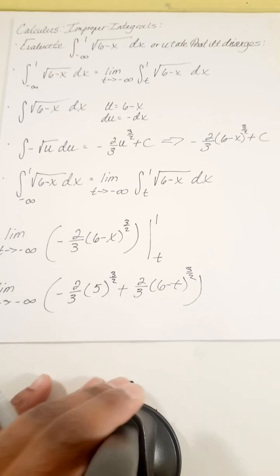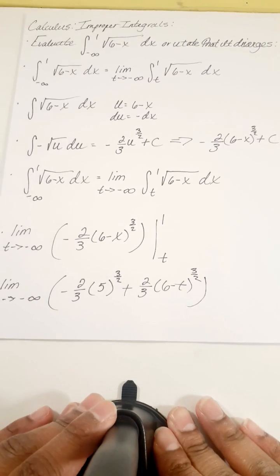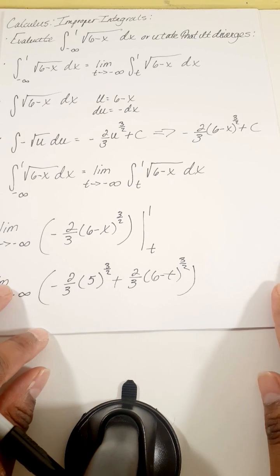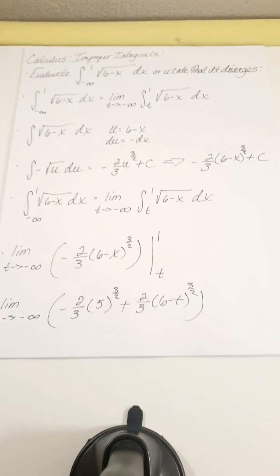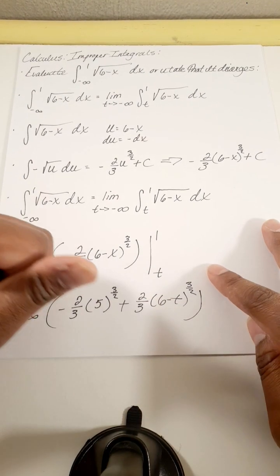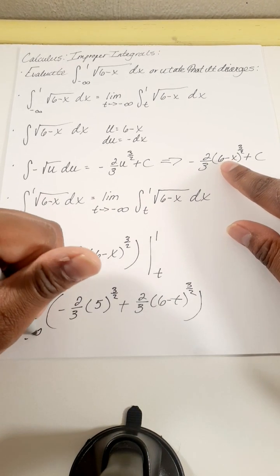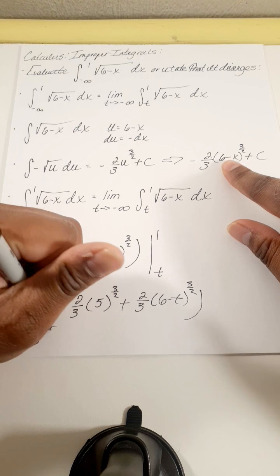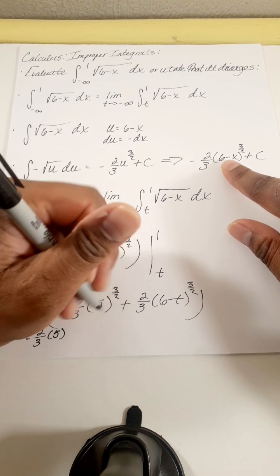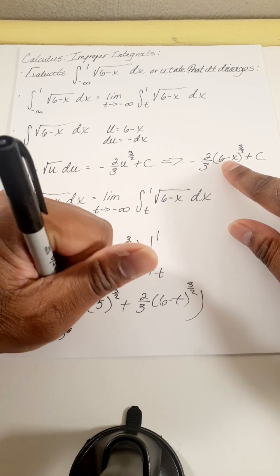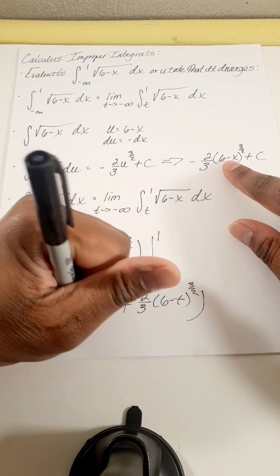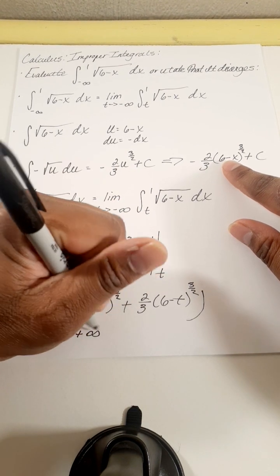Now all you have to do is take the limit as t goes to negative infinity. When you take the limit as t goes to negative infinity, that gives you negative 2 over 3 times 5 raised to the 3 over 2, and then plus infinity.